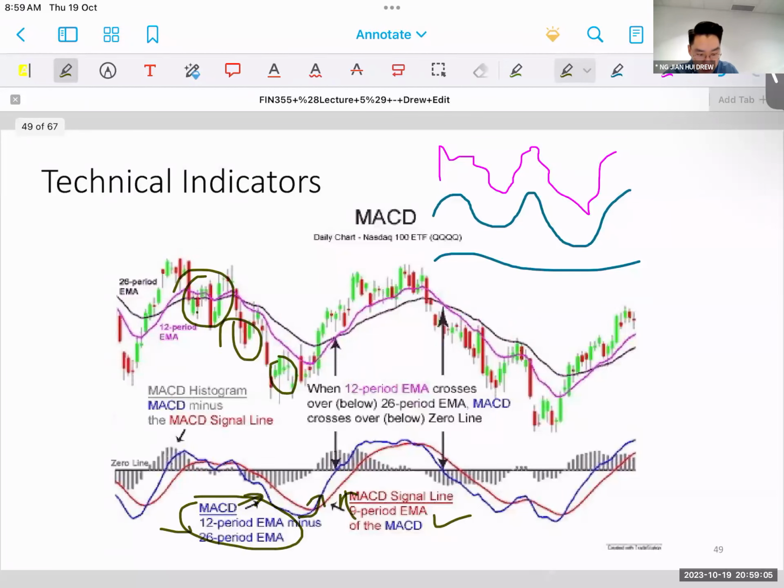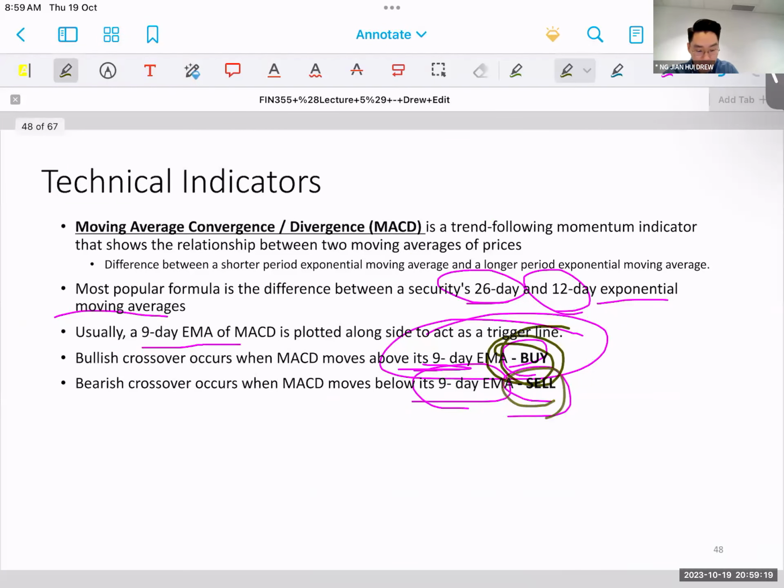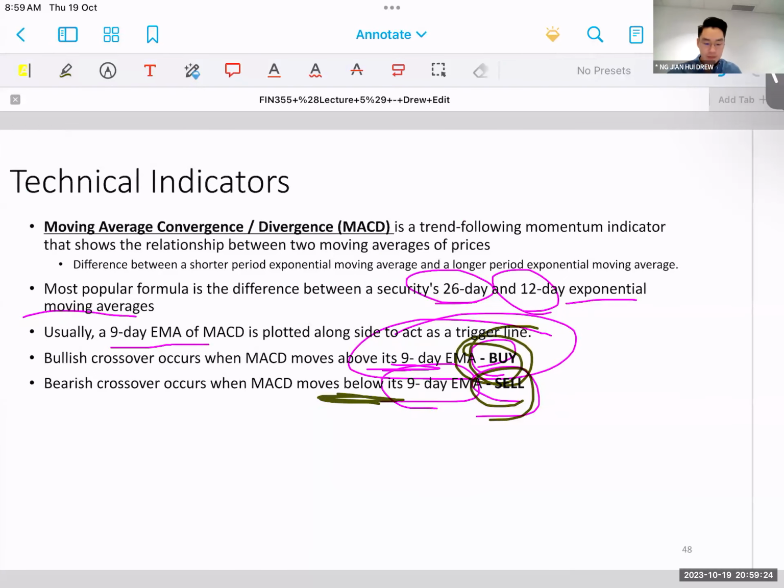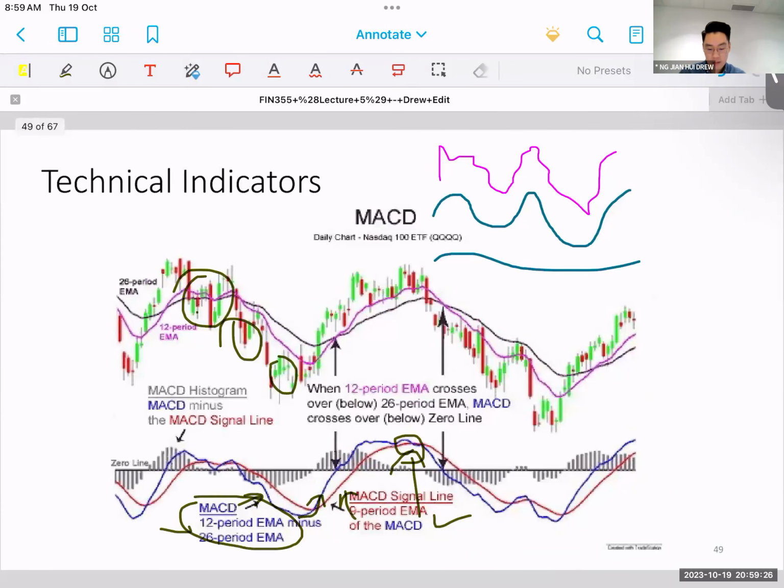Now, what happens when it cuts from the top going down to the bottom? When the difference between the 12 and 26 day cuts the 9-day from the top going down, it is a sell signal. So this is how we use the MACD to determine whether to buy or sell.